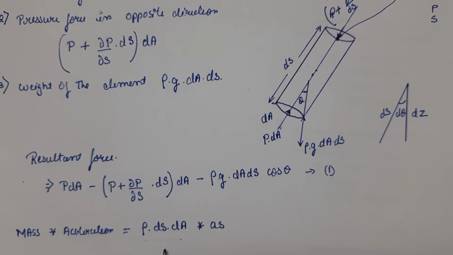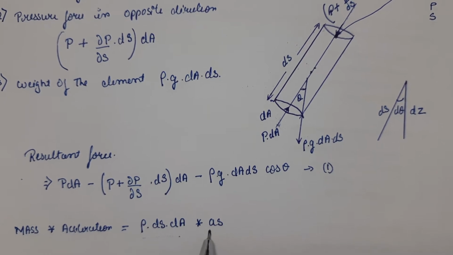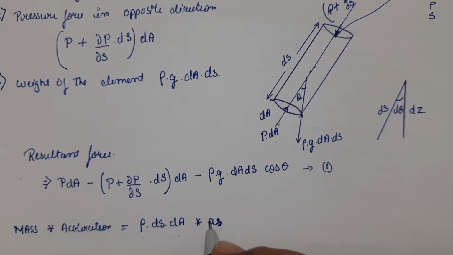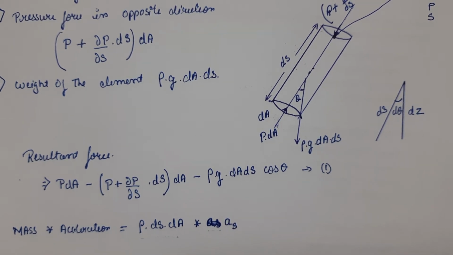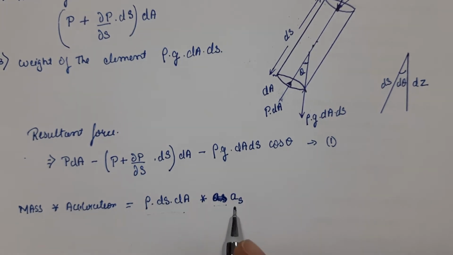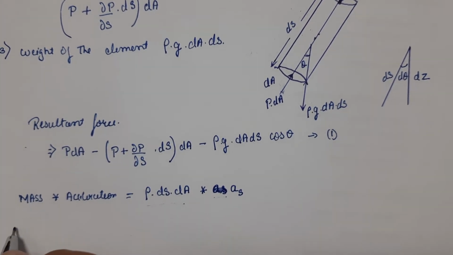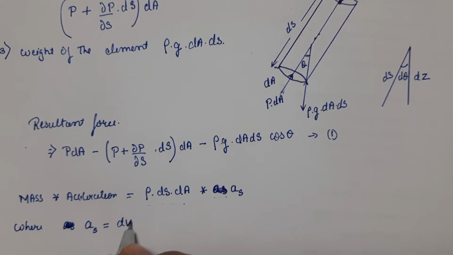This is the mass in the s direction, and this is the acceleration, where a_s is equal to dv by dt.